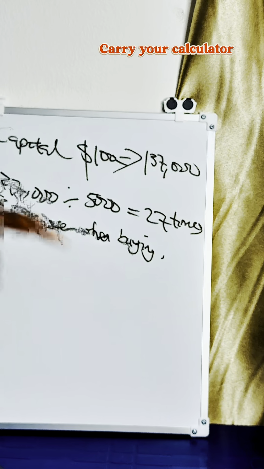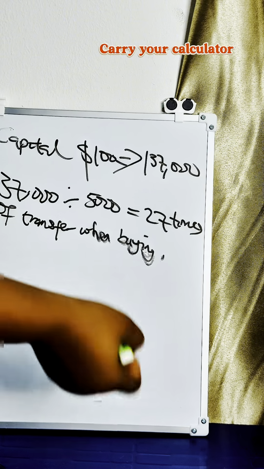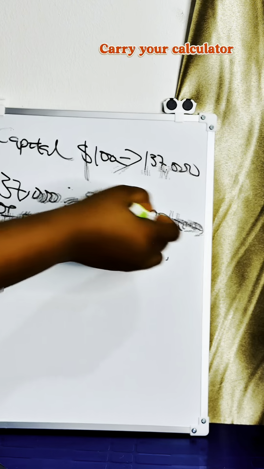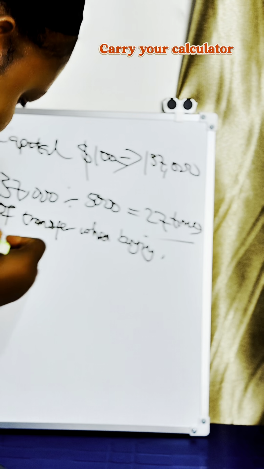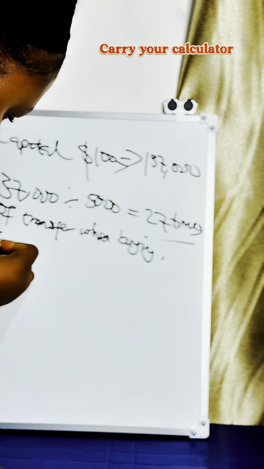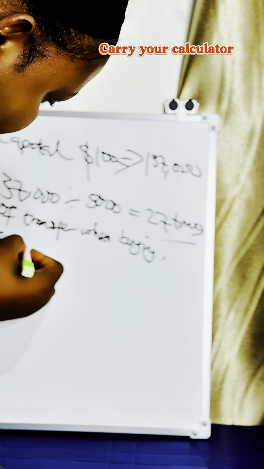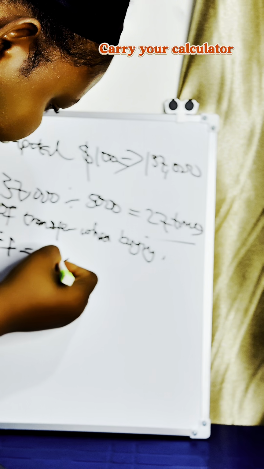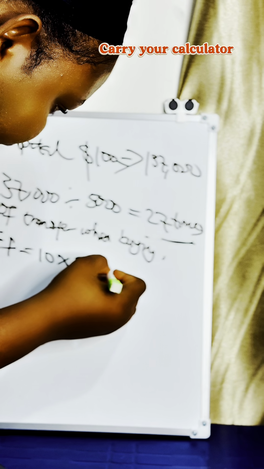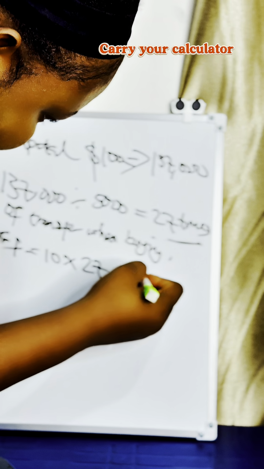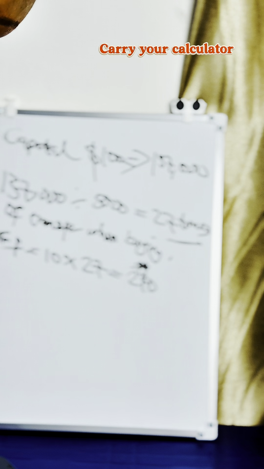Now calculate that 10 naira per transaction. I'm not even adding stamp duty now. The transfer fee, TF, equals 10 naira times the number of times you'll be sending, 27 times, which is 270 naira for just transfer fees.